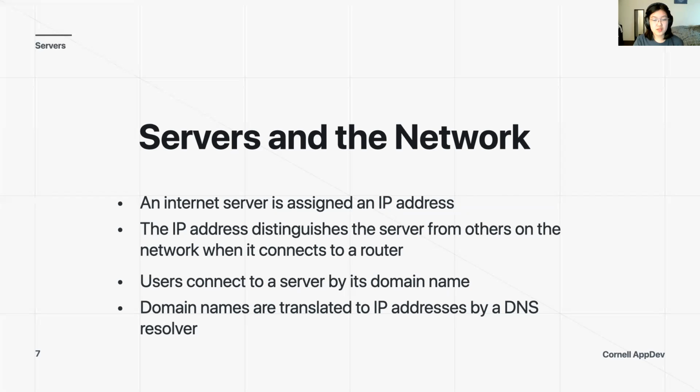So when you go to a domain like google.com, what's actually happening is that a DNS resolver, a domain name system resolver, which is another kind of server, will take the domain name you typed in, and then it's going to be like, oh, this domain will actually translate to the IP address of like 321.72 dot whatever, right? You've probably seen something like that, like your localhost, maybe 127.0.0.1. And that's how you are able to reroute your requests to the correct server.